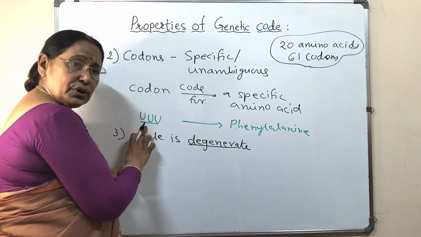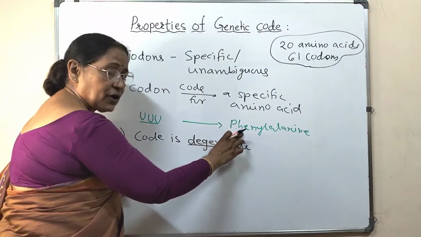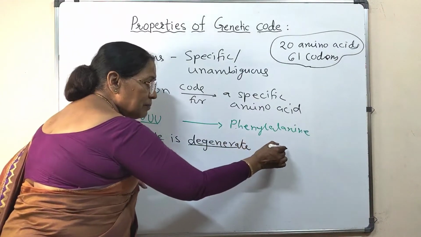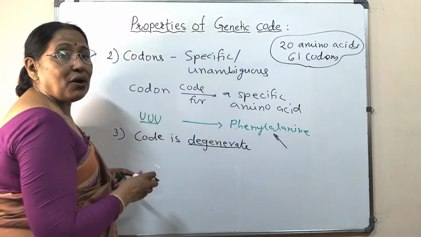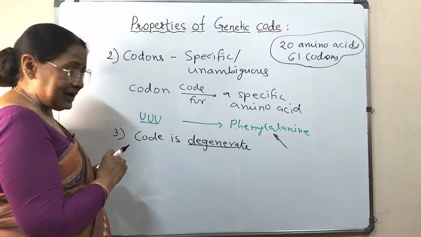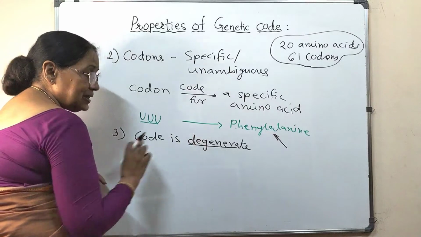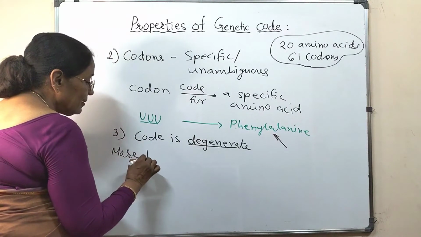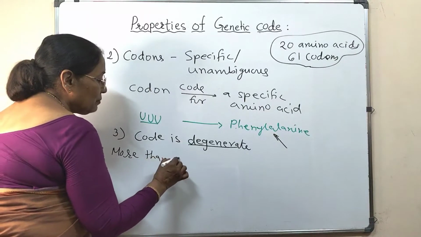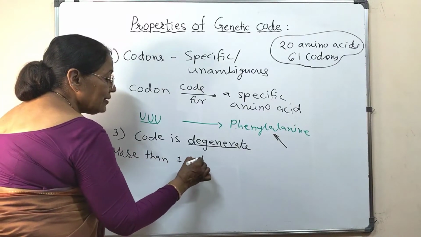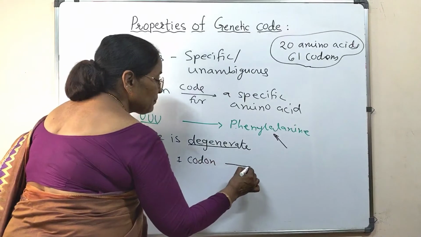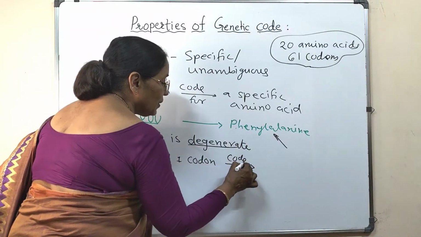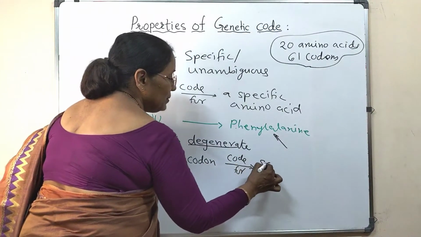मतलब UUU will always code for phenylalanine, but there may be some other codon which will also code for phenylalanine. So the code is degenerate. This means more than one codon can code for the same amino acid.